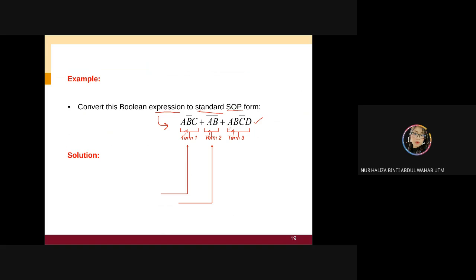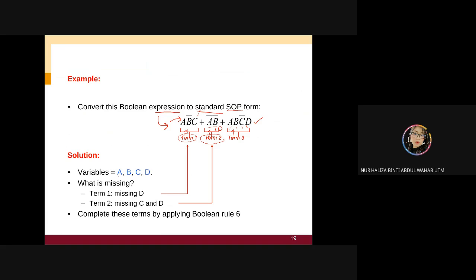You got A, B, C, D. But in terms of your product term 1 and product term 2, you lack, for product term 1, you lack D, and here you lack C and D. So how is your solution? What is missing? Term 1 is missing D as mentioned. Term 2 is missing C and D. Then you need to complete this term by applying rules number 6.